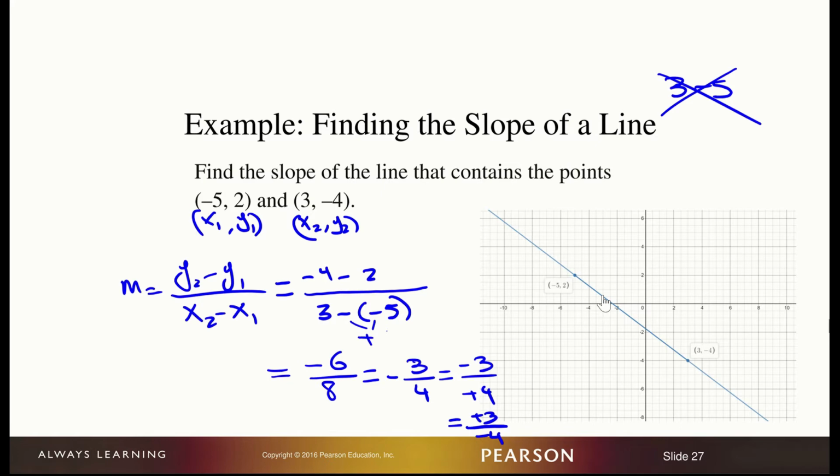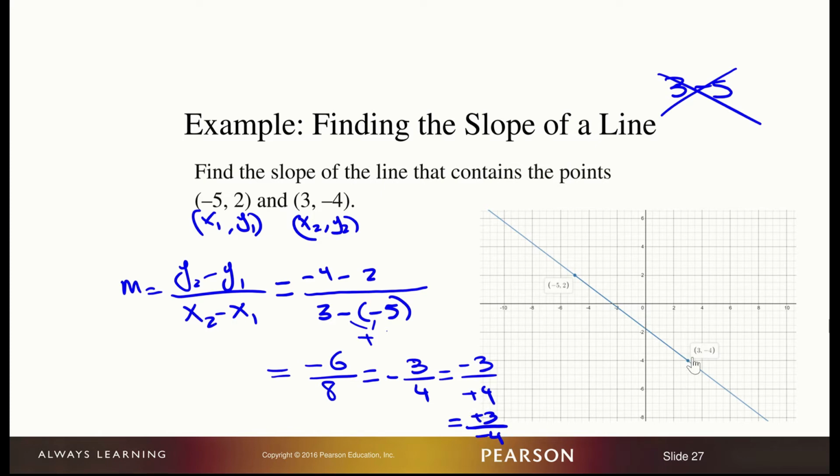You see? So for every fall of 3 units on this line, every vertical fall of 3 units corresponds to a movement to the right, or a run of 4 horizontal units. So what if you interpreted it this way?